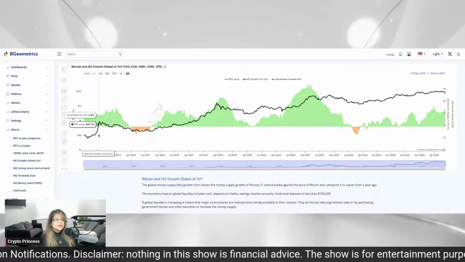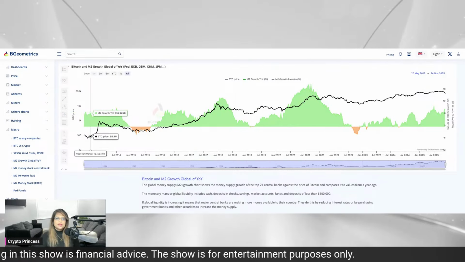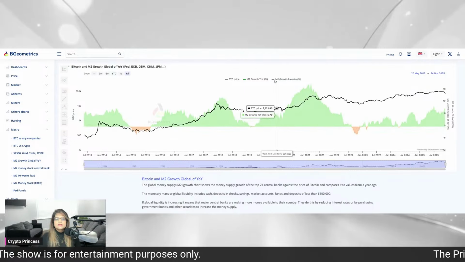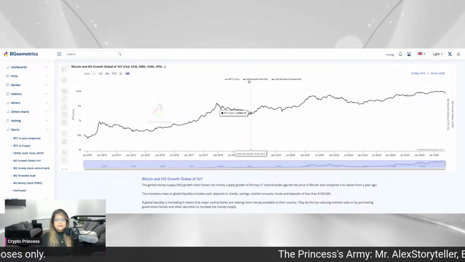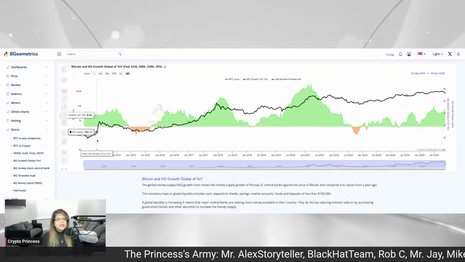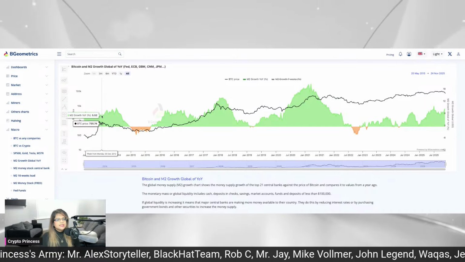Right. What we see here, in the black, is the price of Bitcoin, and then we have the M2 money supply.